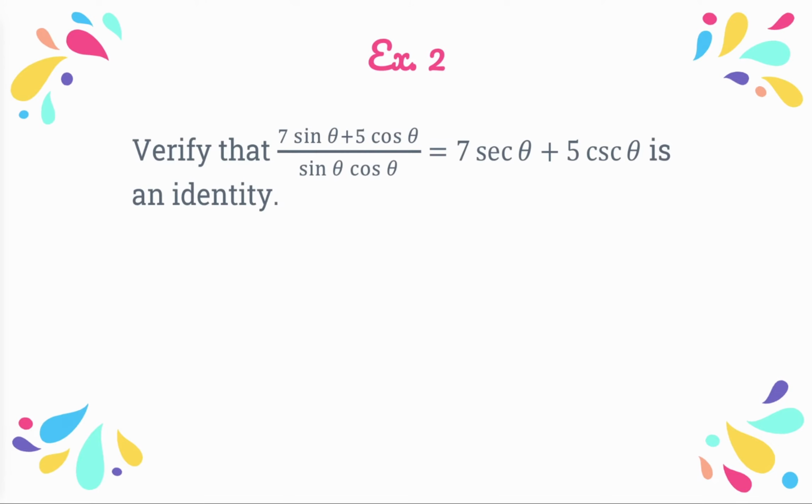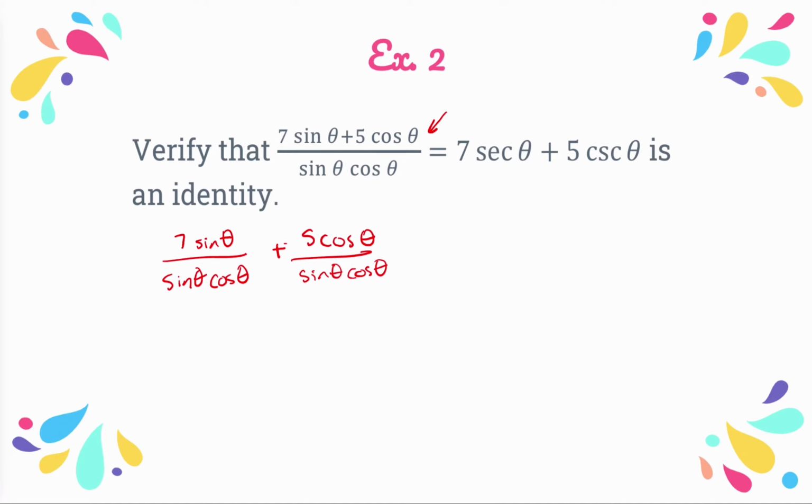So we want to verify that 7 sine theta plus 5 cosine theta over sine theta cosine theta equals 7 secant theta plus 5 cosecant theta. So using a basic principle of algebra, we can say that this is 7 sine theta over sine theta cosine theta plus 5 cosine theta over sine theta cosine theta.